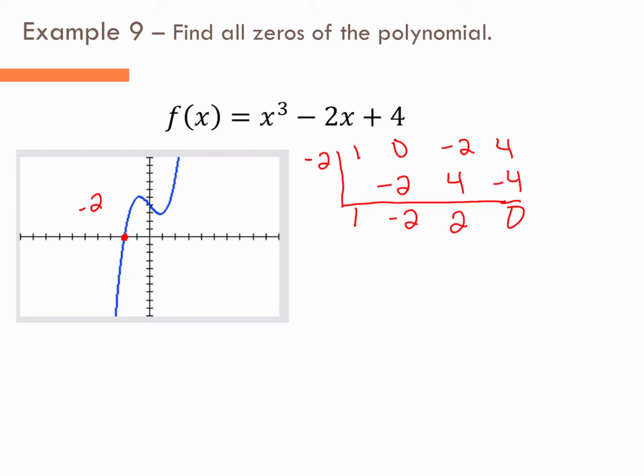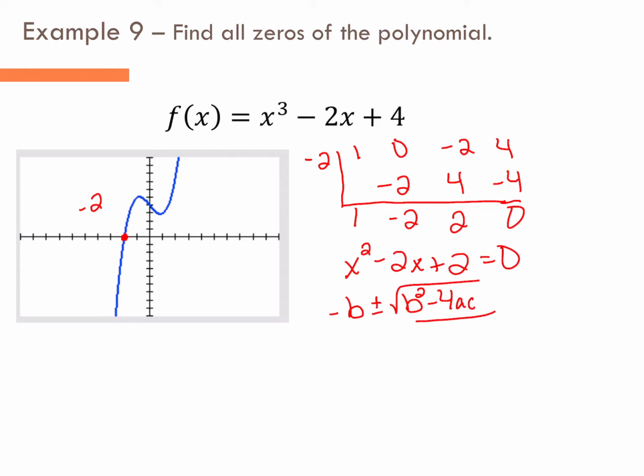So now this would give us x squared minus 2x plus 2. Because I know they're imaginary, I know I can't factor that, and I'm going to have to use the quadratic formula. So remember our quadratic formula, -b plus or minus the square root of b squared minus 4ac all over 2a. So our a is 1 right out here in front, our b is -2, and our c is 2.